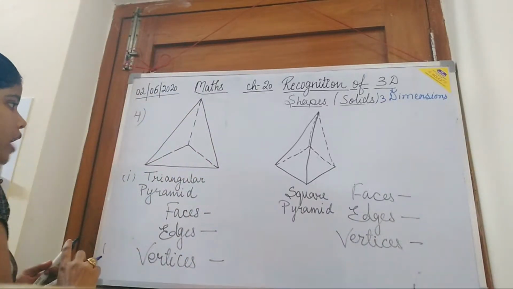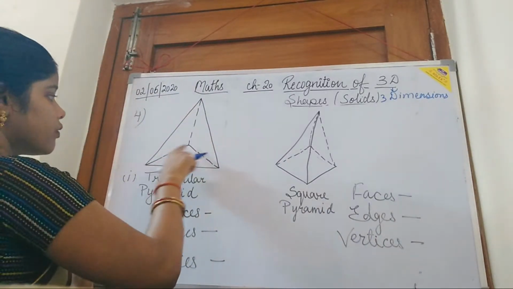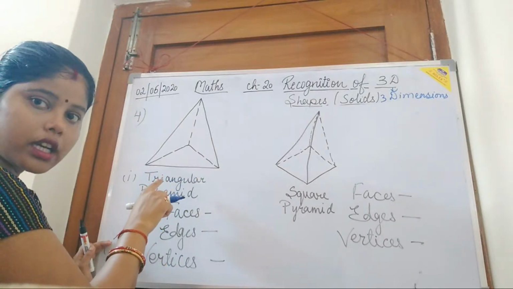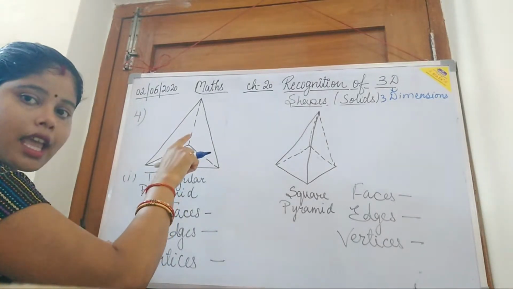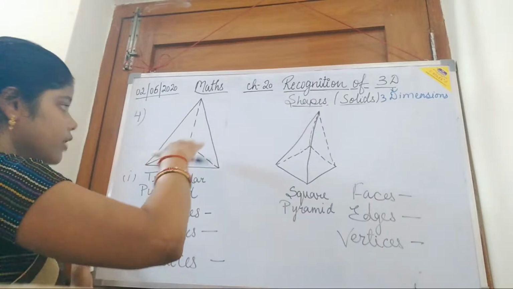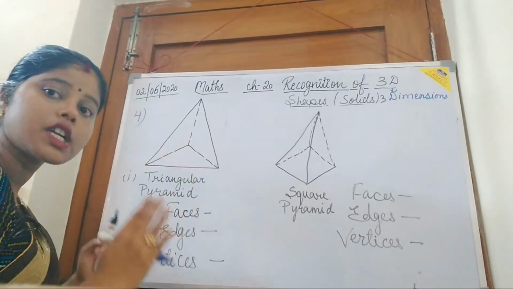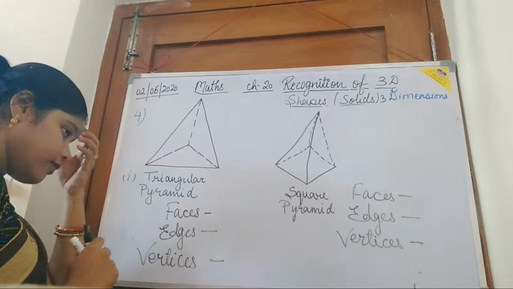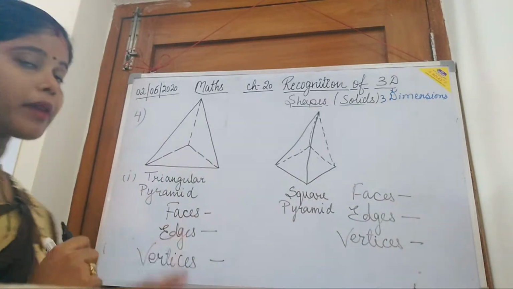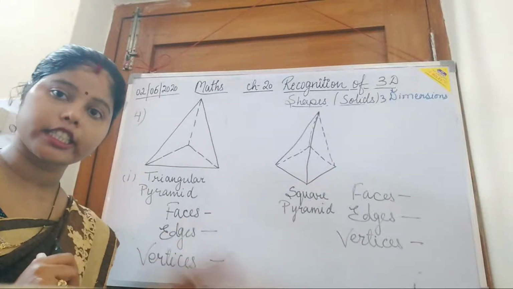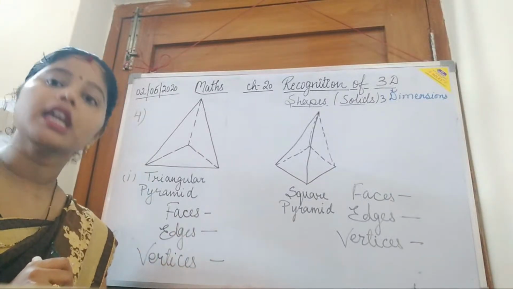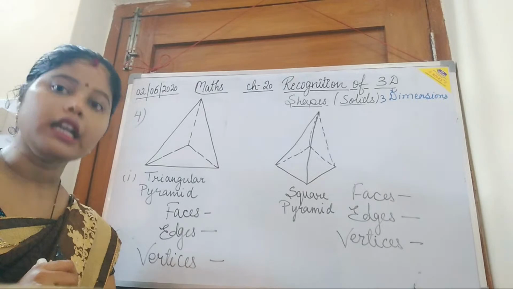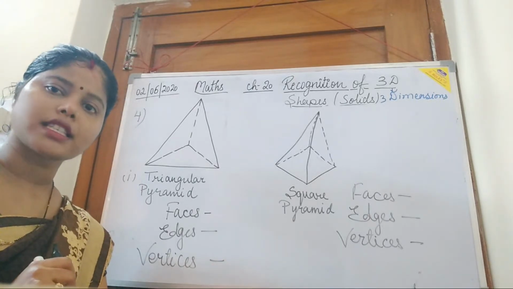So in this triangular pyramid, we are having one base that is triangular and the other three triangles as side faces. Side faces are always in a triangle shape. That is the pyramid. The solid figure of a pyramid is based on its base being a rectilinear figure. It may be a rectangle, square, triangle, pentagon, hexagon, whatever it is.